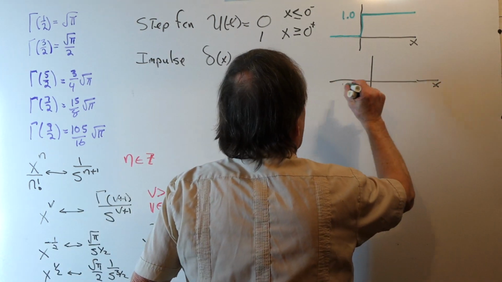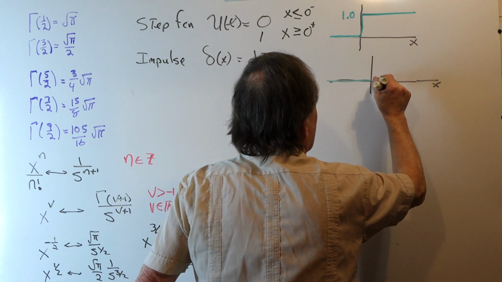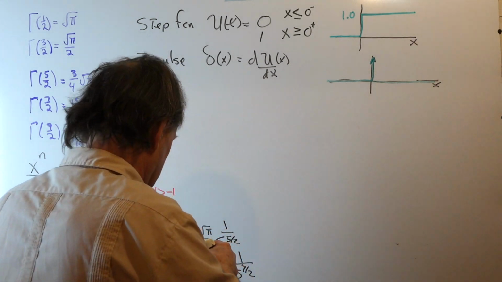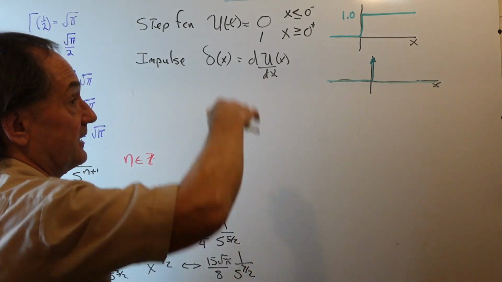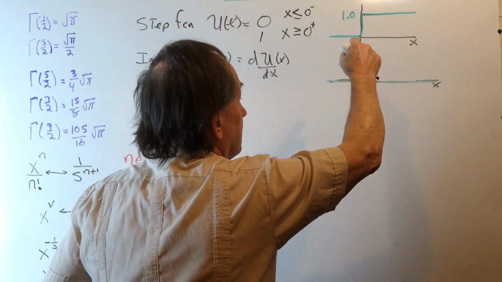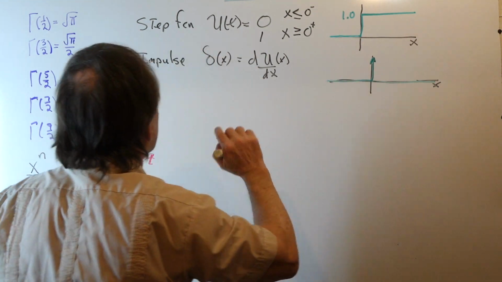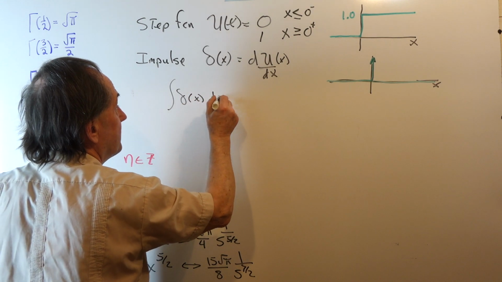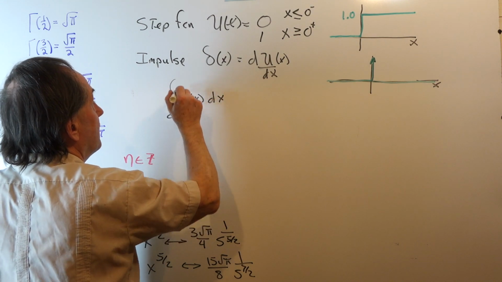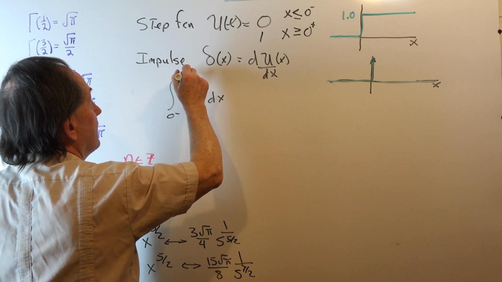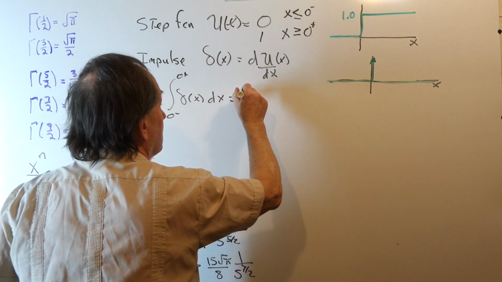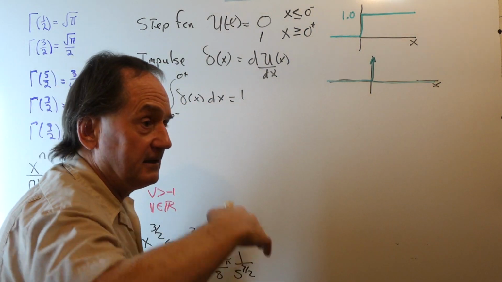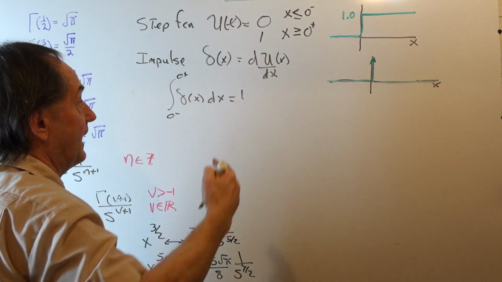It's 0 everywhere except right at 0, and it's an impulse. It has infinite amplitude, but yet it has a finite integral. That is, the integral of delta x over 0 is equal to 1. It has an integrated value equal to 1, even though it has an infinite amplitude.